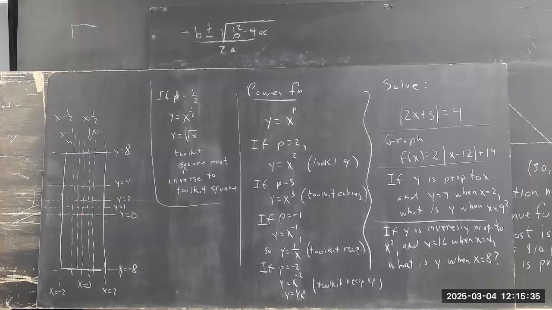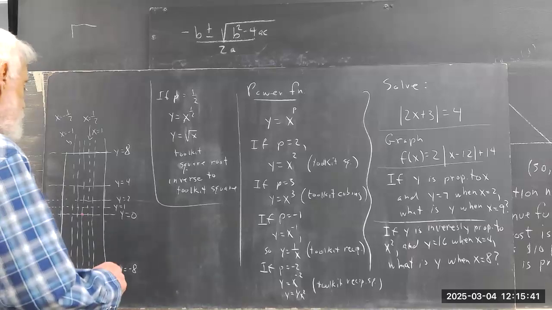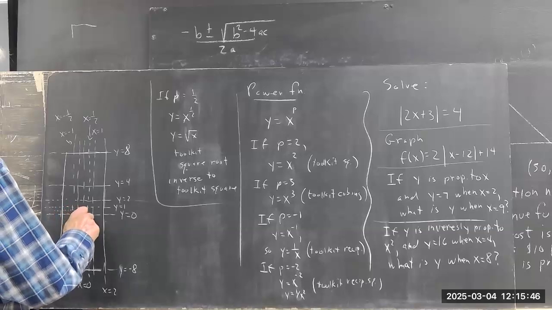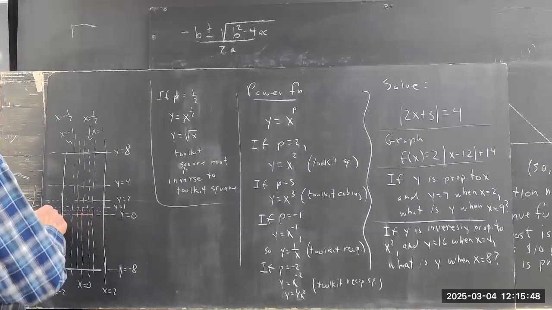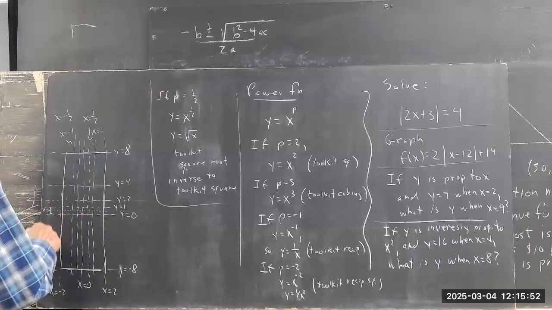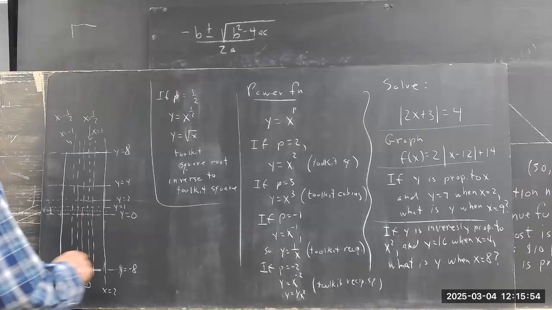They get awful crowded, don't they? But we can do the y equals 1/2 line, that's okay.